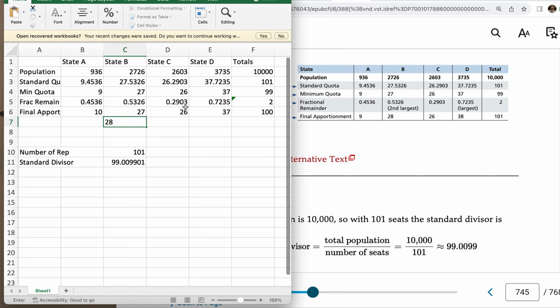The 26 would stay the same because it's a lower decimal. And the 37 has the highest decimal, so it would go to 38. And this state has a lower decimal, and so it wouldn't have gotten any extra, and it goes to 9.